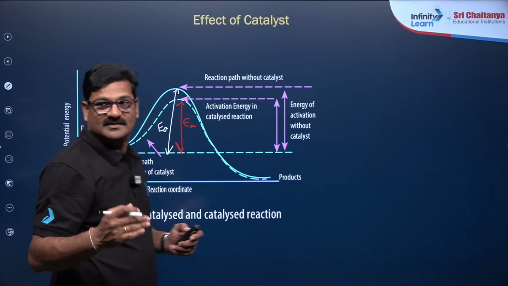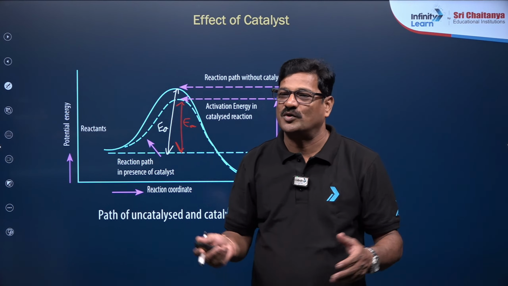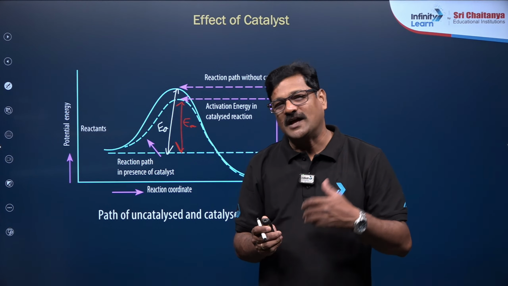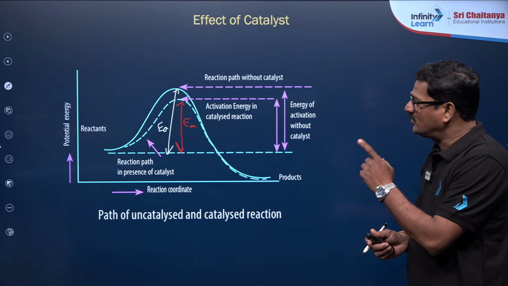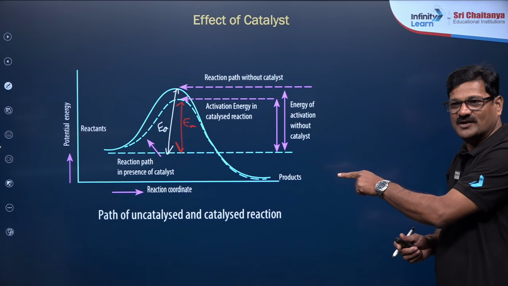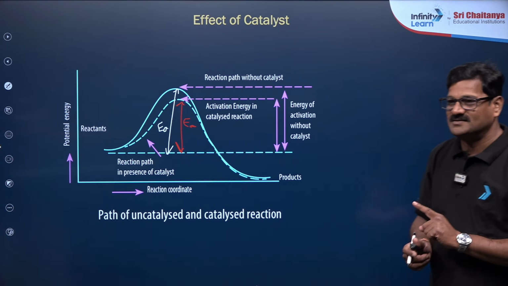I said the reactions that have a lesser activation energy are going to proceed more effectively, right? So this is going to be very important, and you will be asked questions based on these graphs as well. Any doubt as far as this?